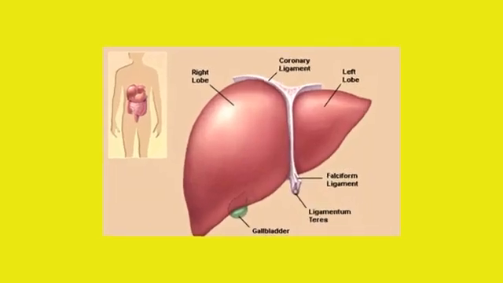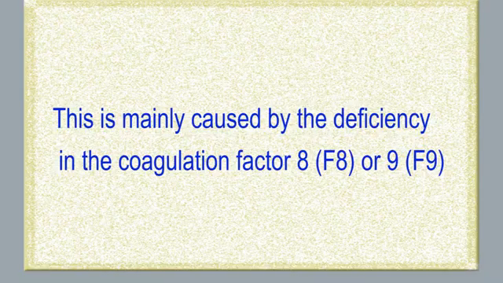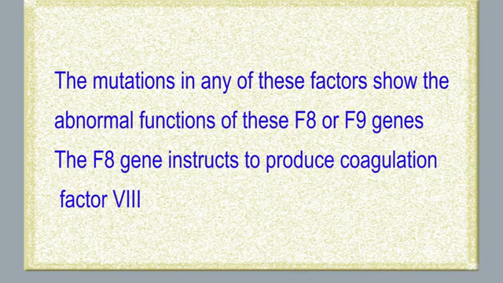Both factors are produced in the liver. This is mainly caused by the deficiency in the coagulation factor 8 or 9. The mutation in any of these factors shows the abnormal functions of these F8 or F9 genes.